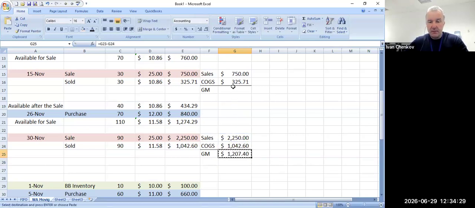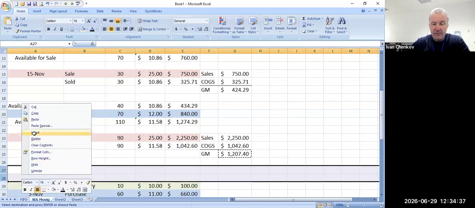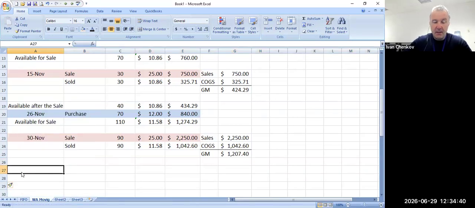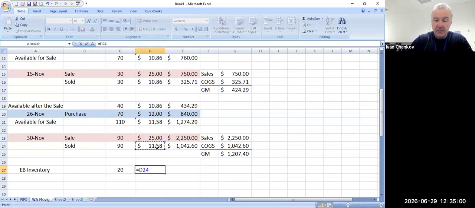And here the question will be exactly the same. The point is, how much is our ending inventory? Ending balance of the inventory. As you can see, the number of units is not going to change. We're still going to have those 20 units, 110 available minus 90 that we sold. But now our cost per unit changes to 11.58, correct? So what will be the total cost of our inventory now?